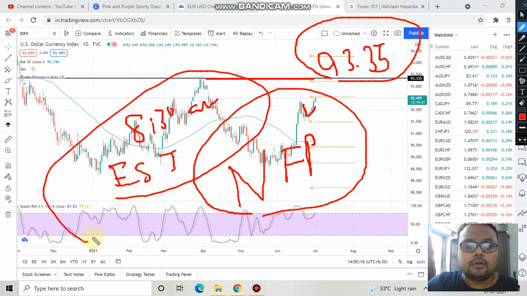Generally after the NFP report release, market gets very volatile. If dollar starts going up again, then this will be the resistance for the US dollar. If dollar goes down, then that's a whole different story. But you need to keep your eyes on the NFP report of tomorrow.